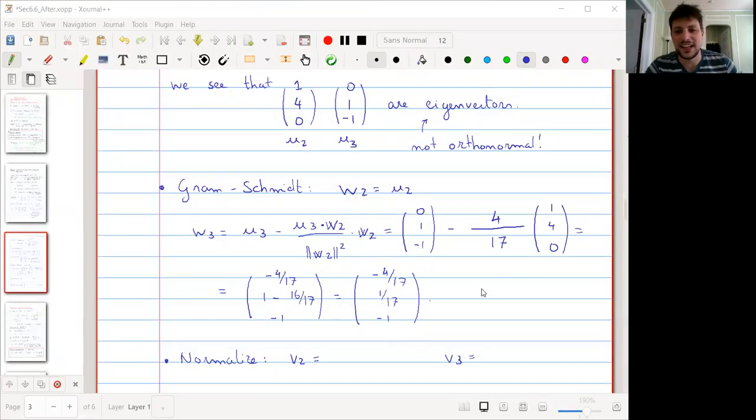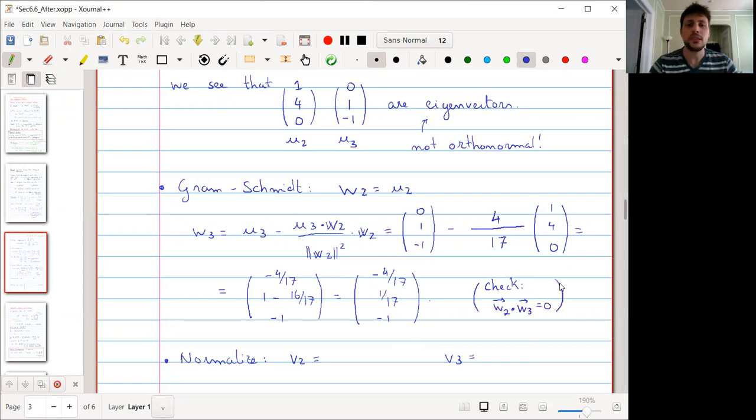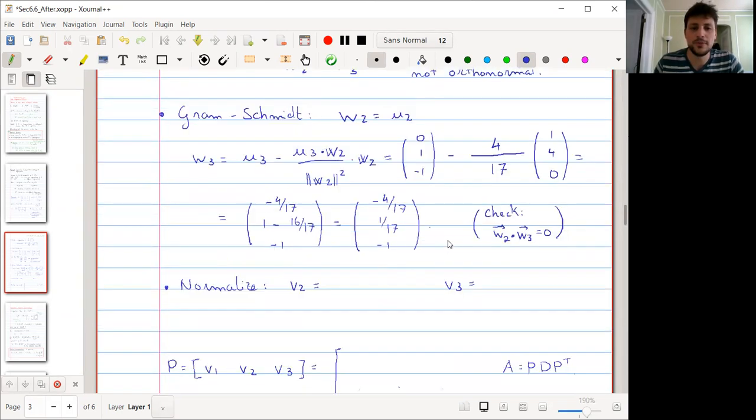You can do a quick check that the vector W2 and the vector W3 defined like this give you indeed 0 when you dot them together. Okay, so now we found two eigenvectors that are orthogonal to one another.